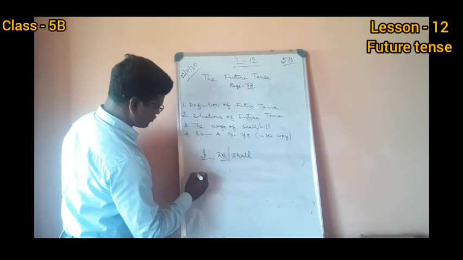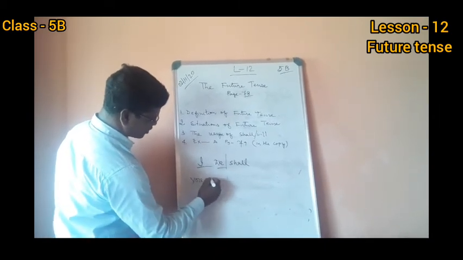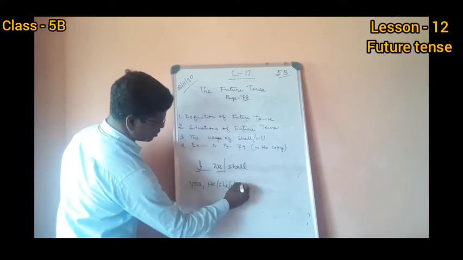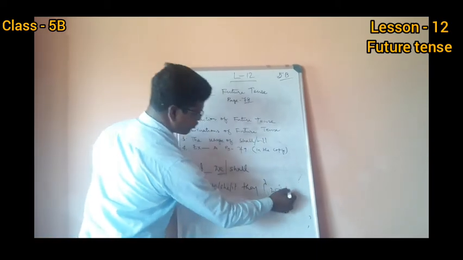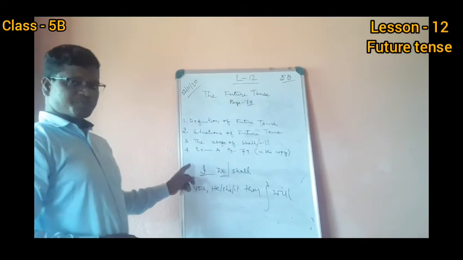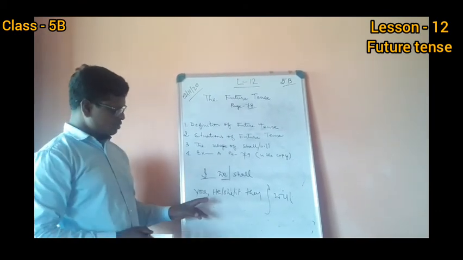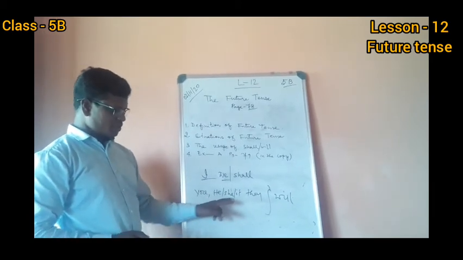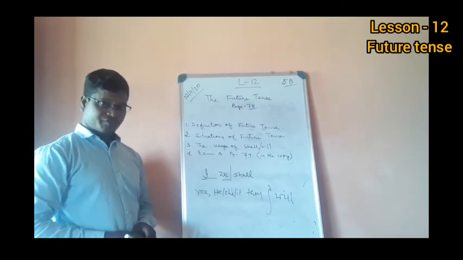Another one, second person singular and plural, and third person singular and plural, he, she, it and they, with these we use will. So remember, with first person singular and plural we use shall, and with second person and third person, singular and plural, we use will. These points must be kept in mind.